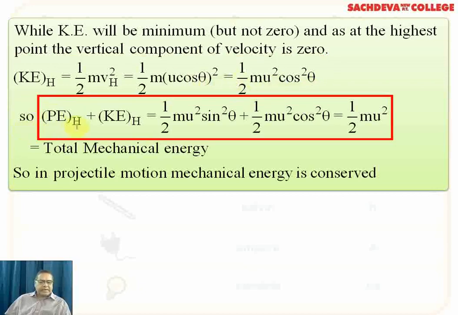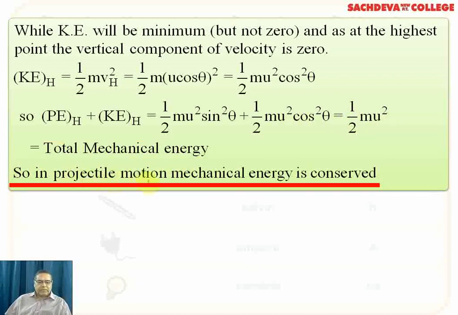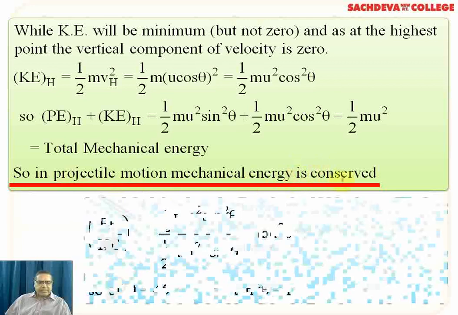So potential energy at the maximum height plus the kinetic energy at the maximum height, that is the sum of the total energies, will be, we have computed the values, half m u square sine square theta plus half m u square cos square theta, and that is equal to half m u square. This is equal to the total mechanical energy, that is the sum of the potential and the kinetic energy. So in projectile motion, the mechanical energy is conserved.